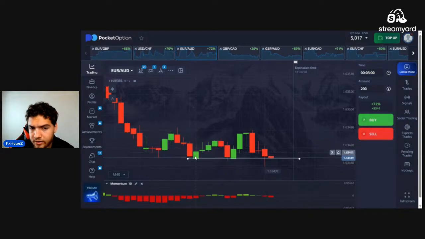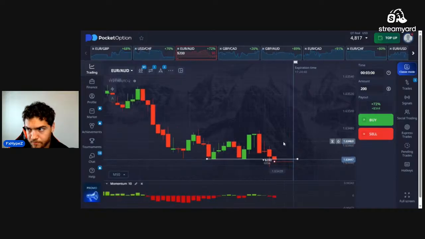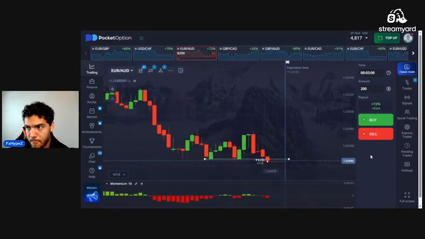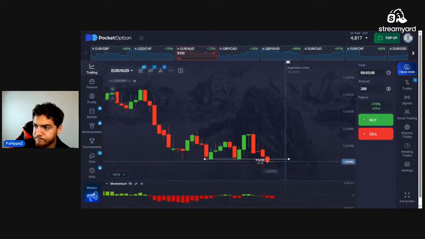Although we have rejected off this level twice, so I am a bit skeptical about that, I'm going to go for a 3-minute sell position here. Momentum is bearish. We are coming to the downside, and I think we'll see a continuation.